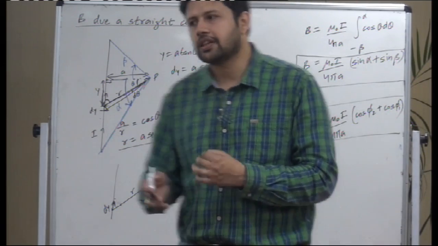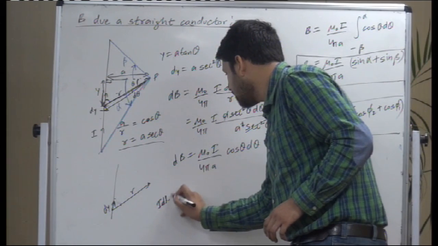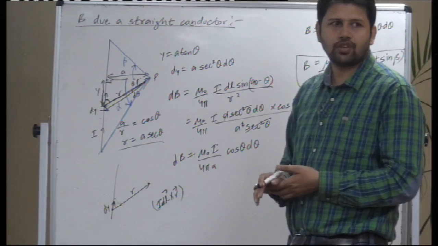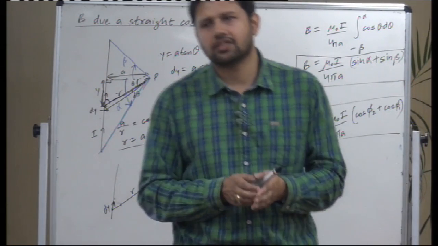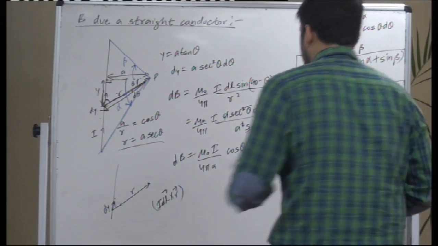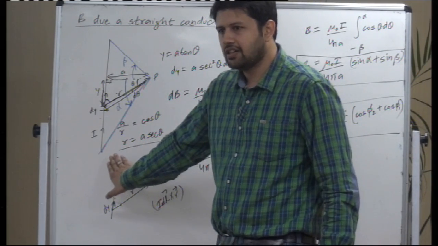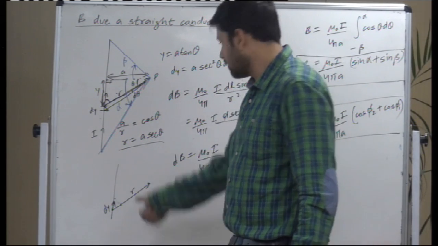For the cross product, the expression was dl cross r in the numerator. How do we calculate the values? We always go as we read. We place our fingers along dl and then rotate them towards r. So this would be inward.